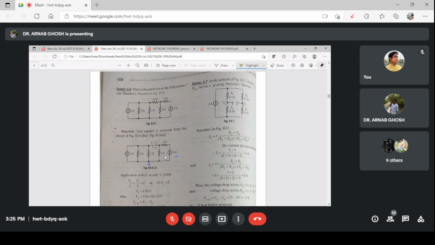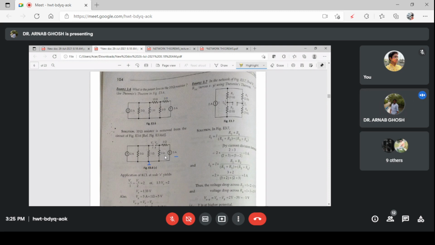So the power loss is 0.992 watts, which is 0.315 ampere squared into 10 ohm.